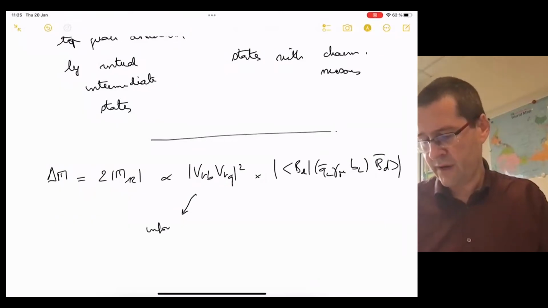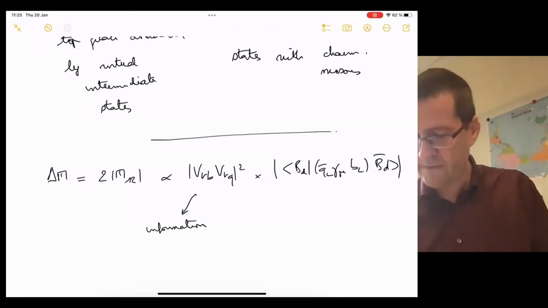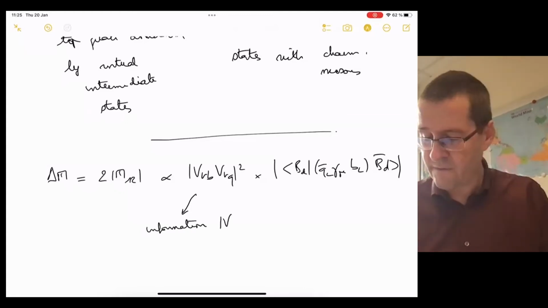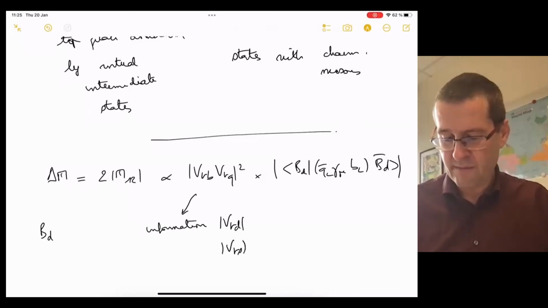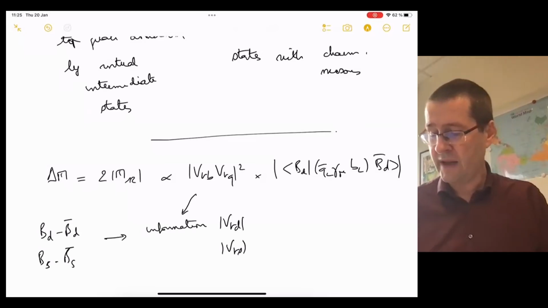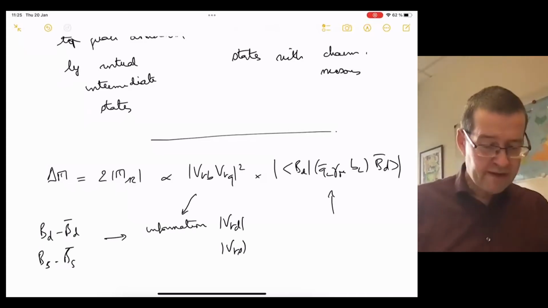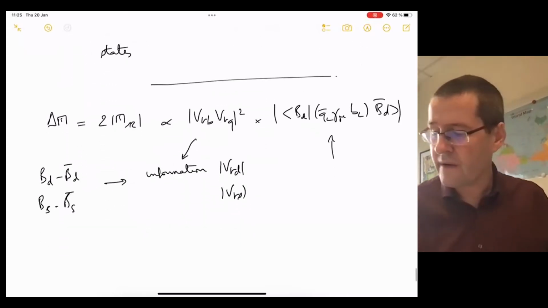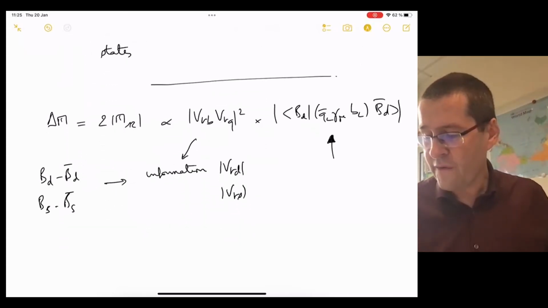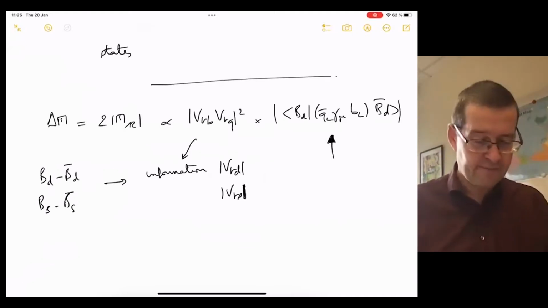So this way, by measuring the difference of masses, you do have information on VTD and VTS. If you're looking at the BD bar mass difference or the BS bar mass difference, as long as you know these bag parameters, that's the way forward in order to get access to VTD, VTS when you're discussing the CKM matrix.